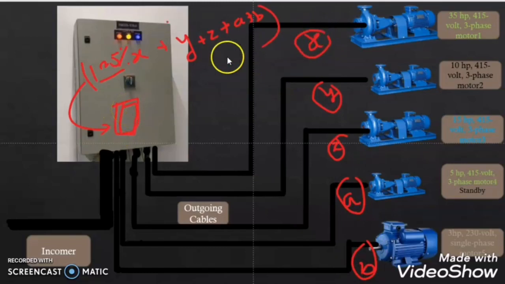So we will check which motor has the highest full load current rating, multiply that full load current by 125%, and then sum up the other motors' full load current ratings, and that will be our main feeder breaker rating.